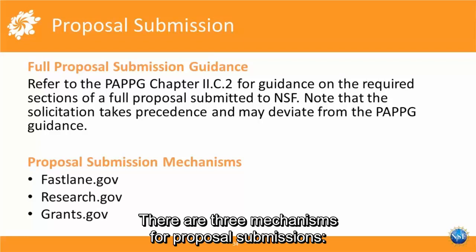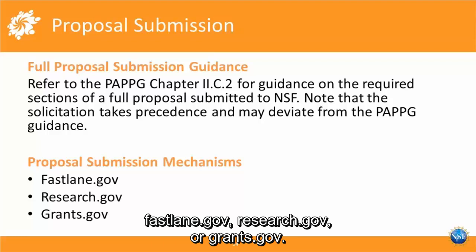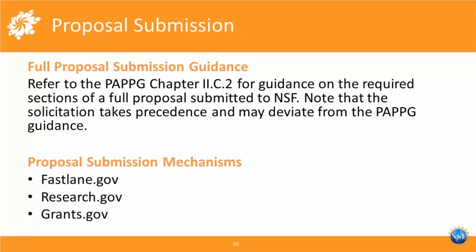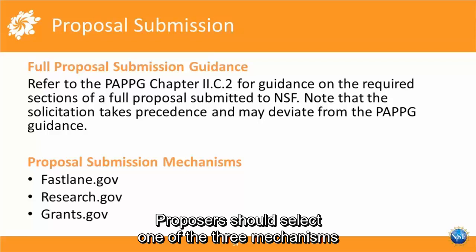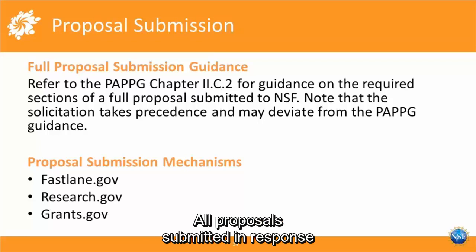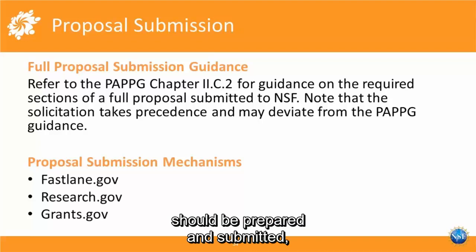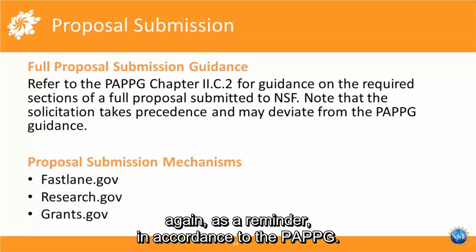There are 3 mechanisms for proposal submissions: fastlane.gov, research.gov, or grants.gov. Proposers should select one of the 3 mechanisms to submit their proposal. All proposals submitted in response to this program solicitation should be prepared and submitted, again, as a reminder, in accordance to the PAPPG.